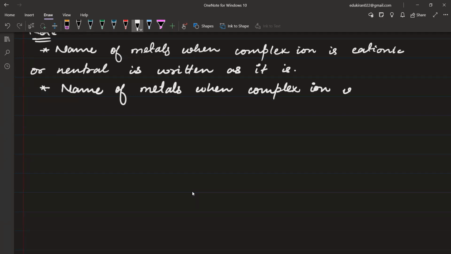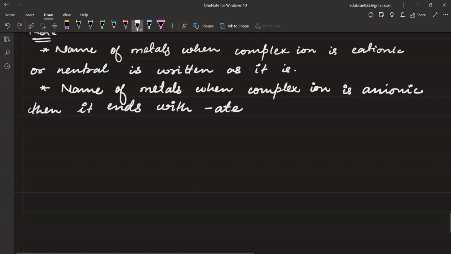When the complex ion is anionic, then it ends with -ate. Right, next.